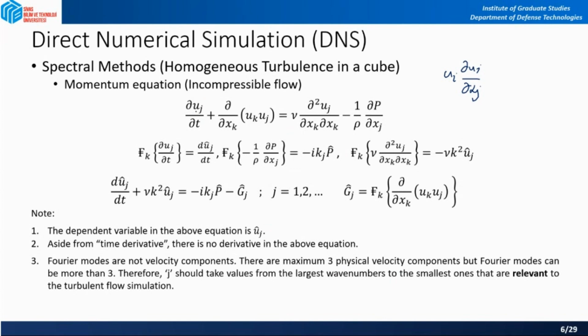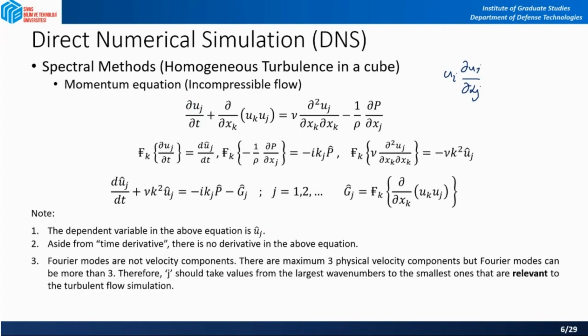Because it is inside the momentum equation. Except for the time derivative, there will be no other derivatives in the final equation. The rest of the terms will be just multiplication and summations, just like we did in continuity.